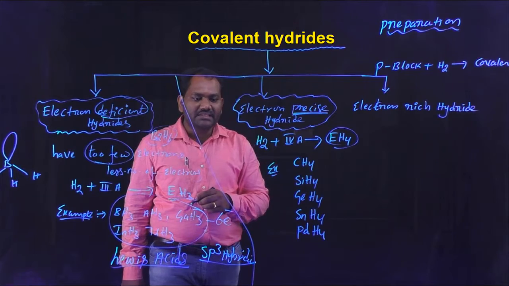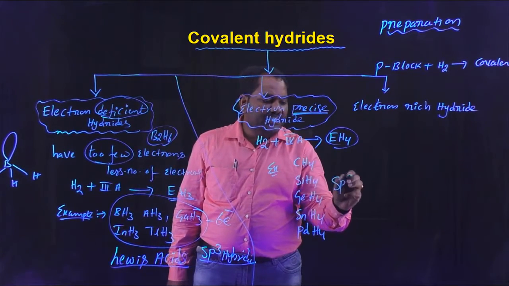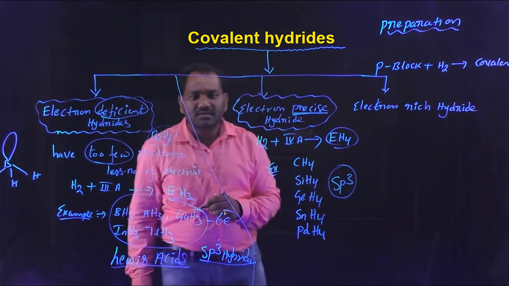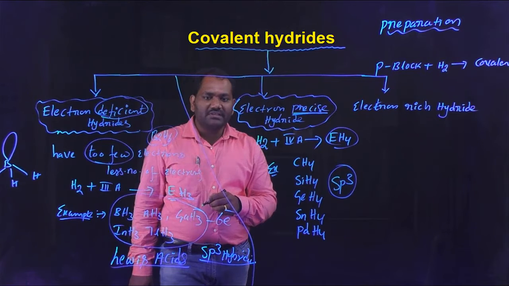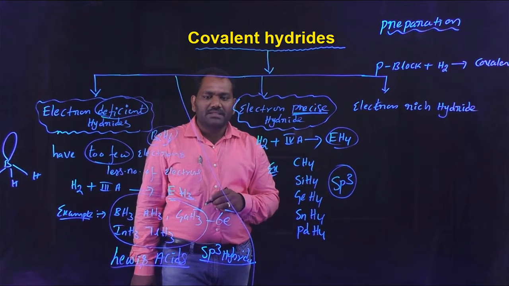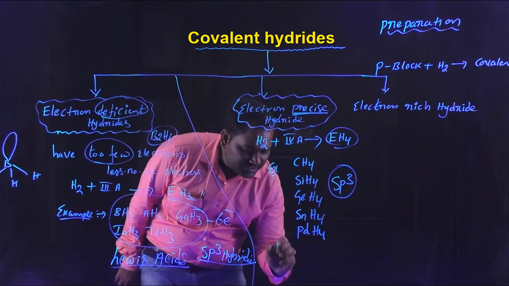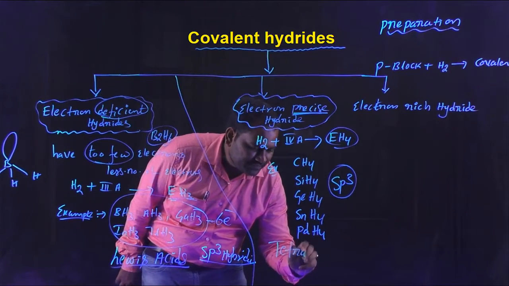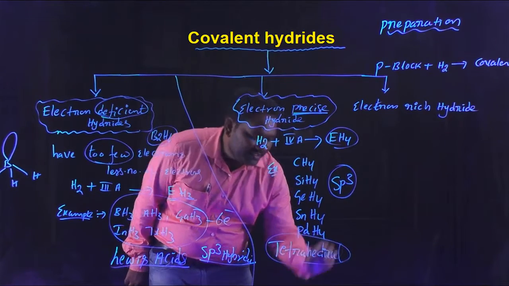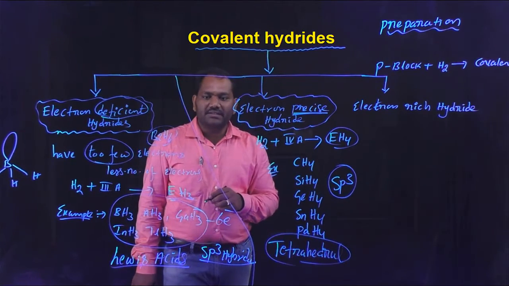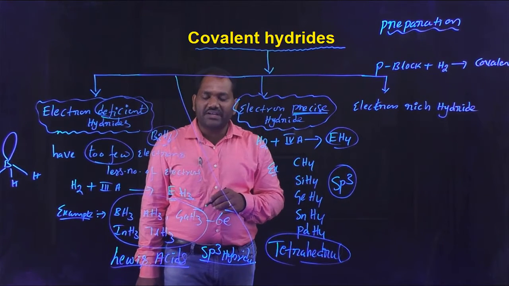Here these also undergo sp3 hybridization. The shape of the molecule is tetrahedral. Okay, this is about the electron precise hydrides.